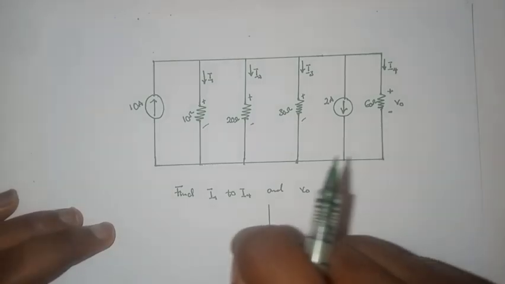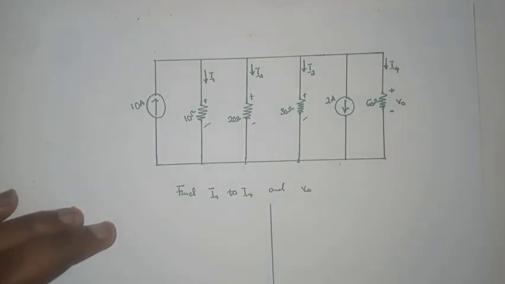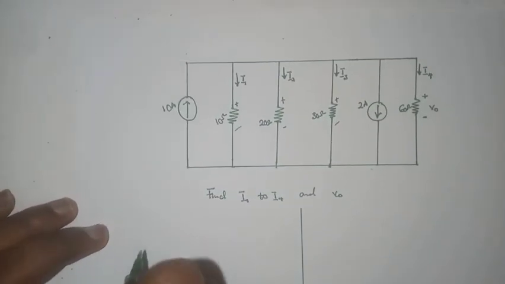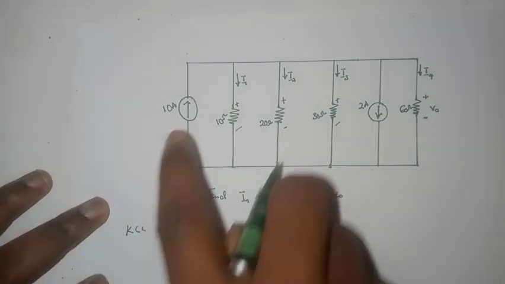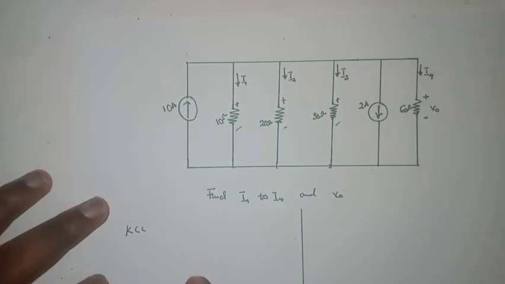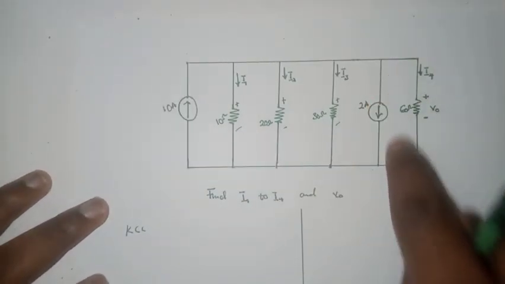So first thing we do is to write the KCL equation. We can only write one KCL equation here because we only have one essential node. This is basically a return node, so in KCL, 10 amperes is entering and the other currents are leaving.